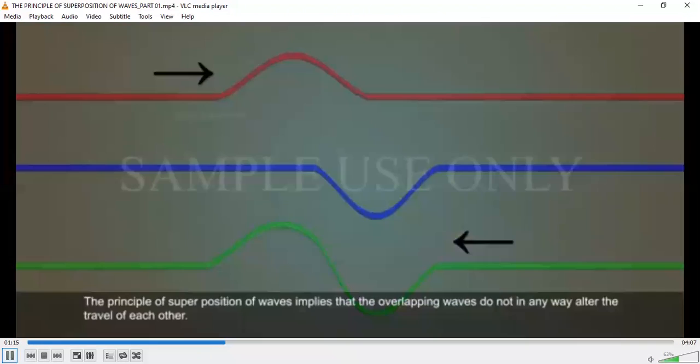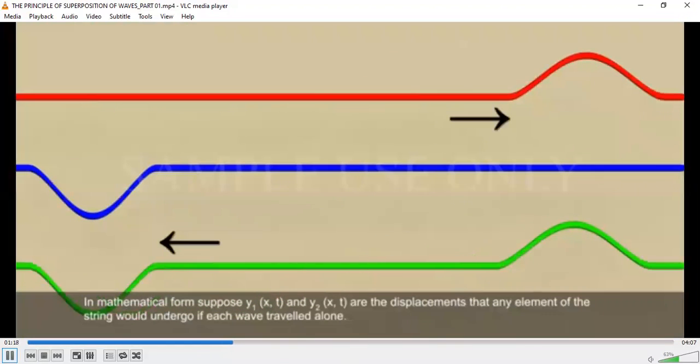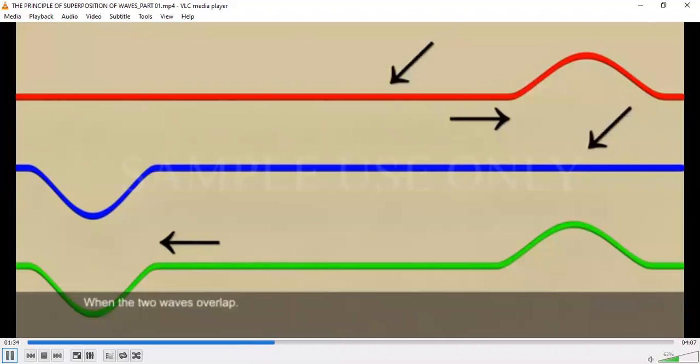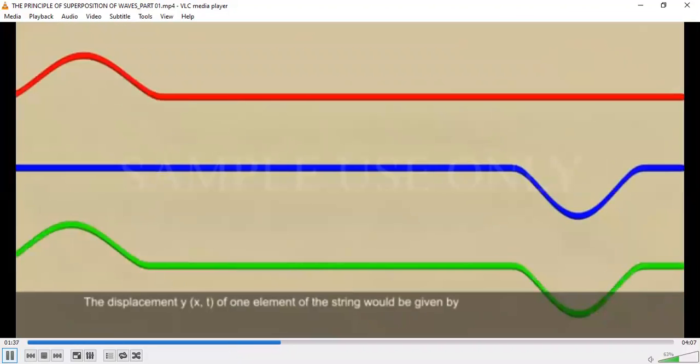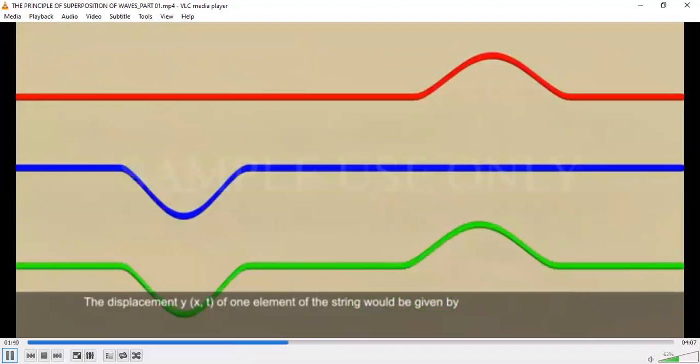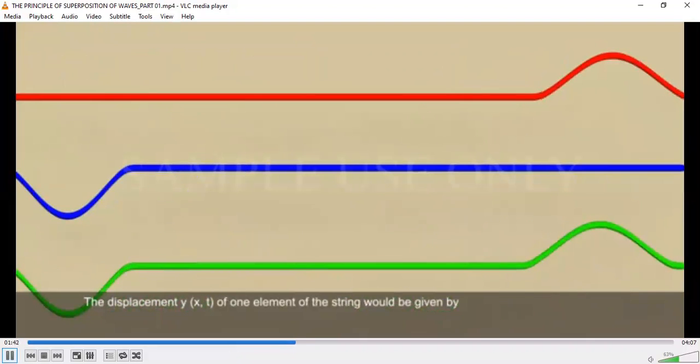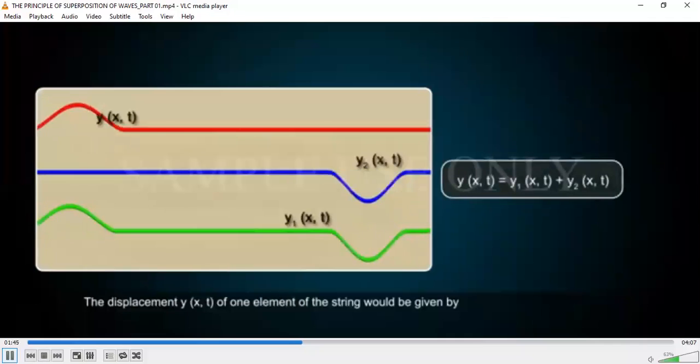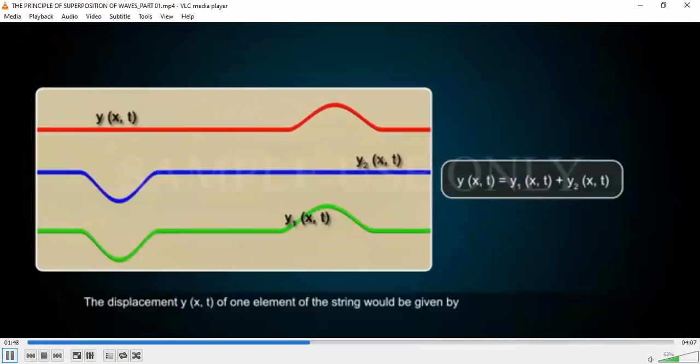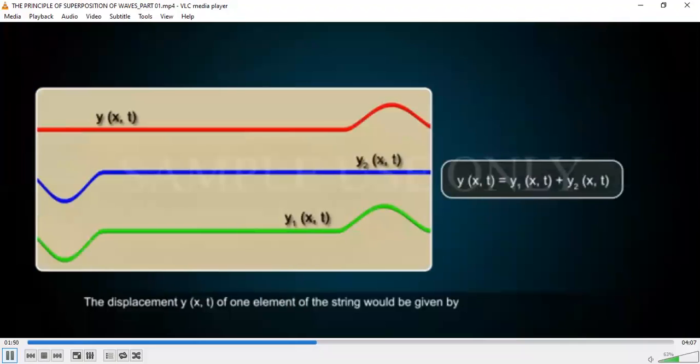In mathematical form, suppose y1 of x,t and y2 of x,t are the displacements that any element of the string would undergo if each wave traveled alone. When the two waves overlap, the displacement y of x,t of one element of the string would be given by y(x,t) equals y1(x,t) plus y2(x,t).